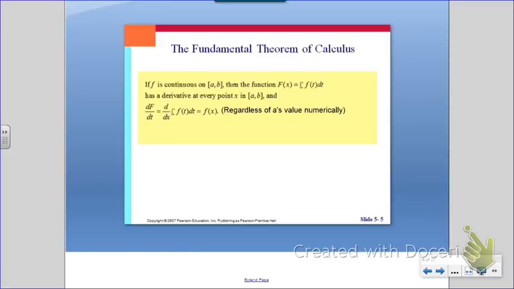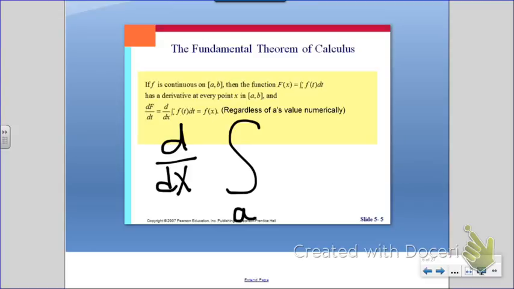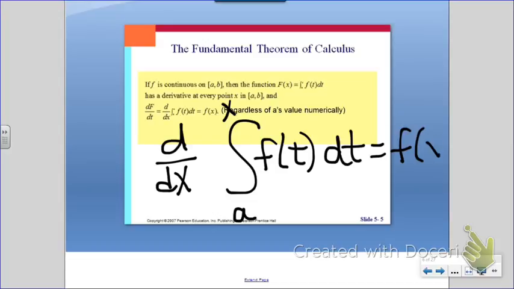This is a little bit hard to read, so I'll rewrite it a little bigger for you. This is the derivative of the integral from any number a to x of some function with respect to t, which gives us back the same function with respect to x. A can be anything, any number.